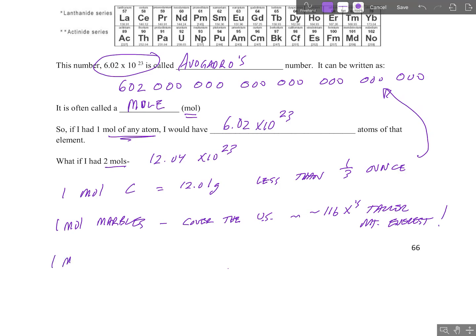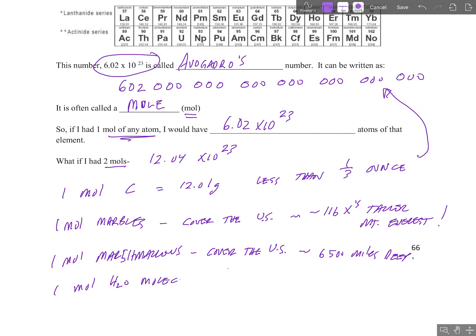If I had 1 mole of marshmallows, it would cover the United States, we'll use the U.S. again, about 6,500 miles deep. Once again, it is a huge number. If I had 1 mole of water molecules, it would be a little bit more than 1/2 of an ounce.